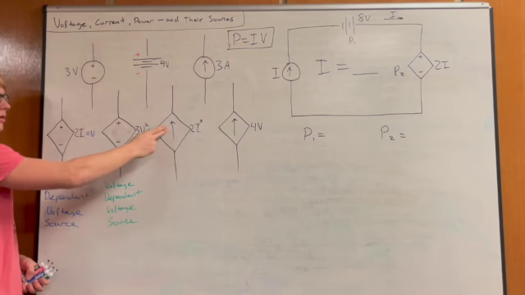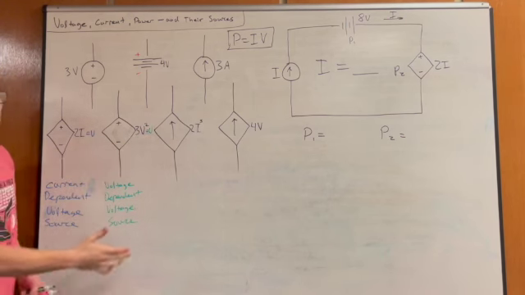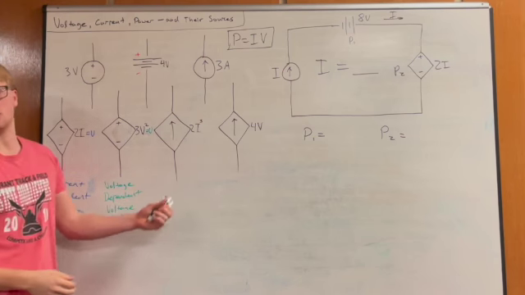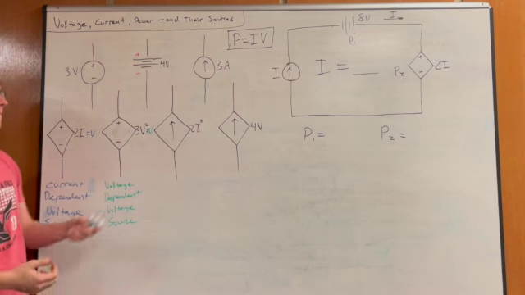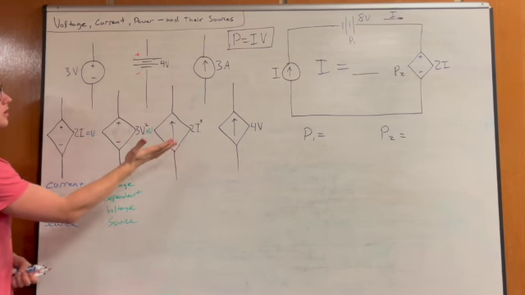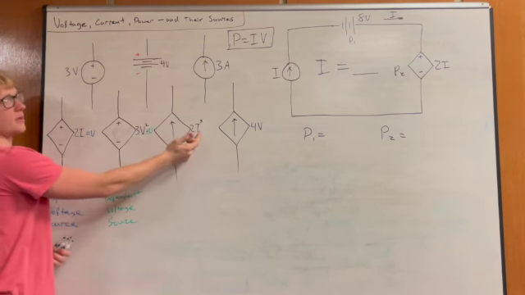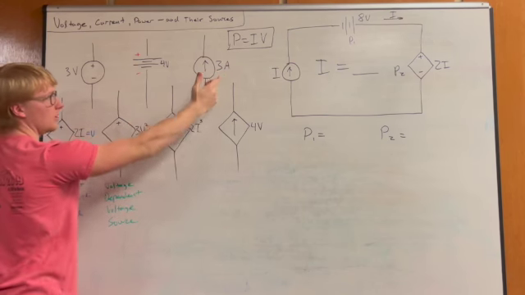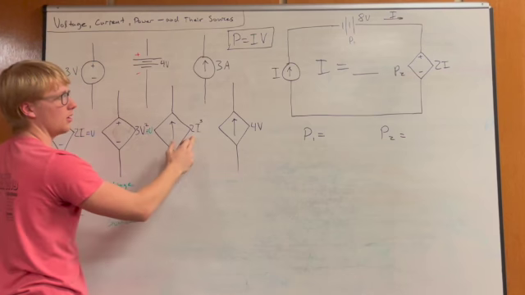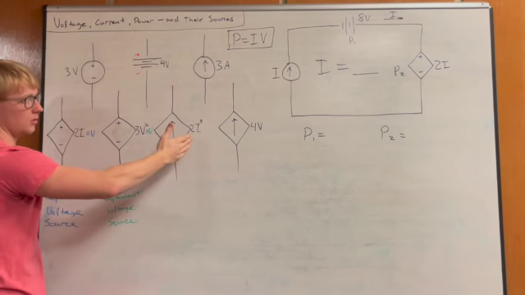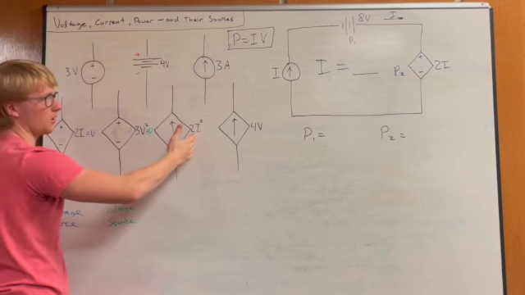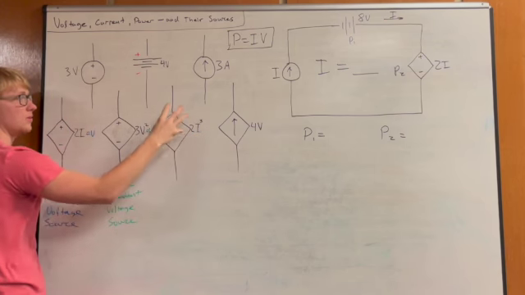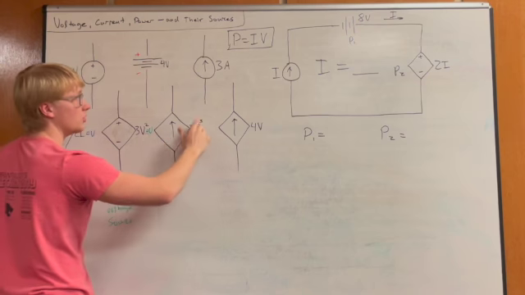Okay, so this one is also a square, and it's a current source because of the arrow, and it's dependent on current because of the I. Let's say that I is dependent on whatever this I is, then the number associated with this branch is 2 times 3 cubed.